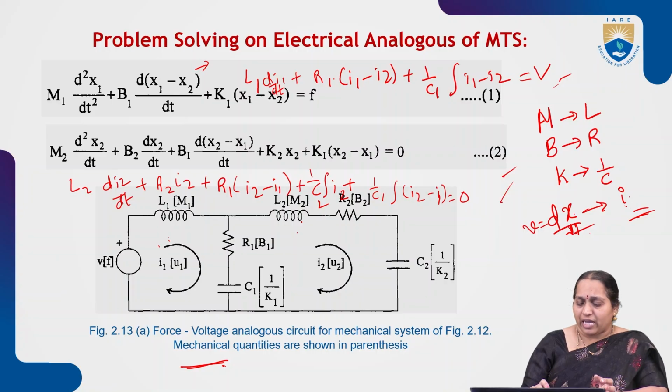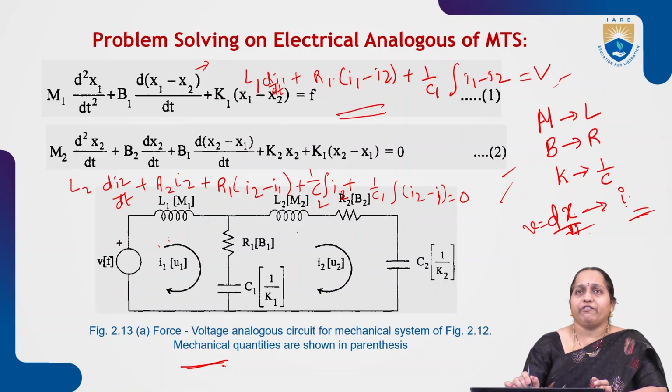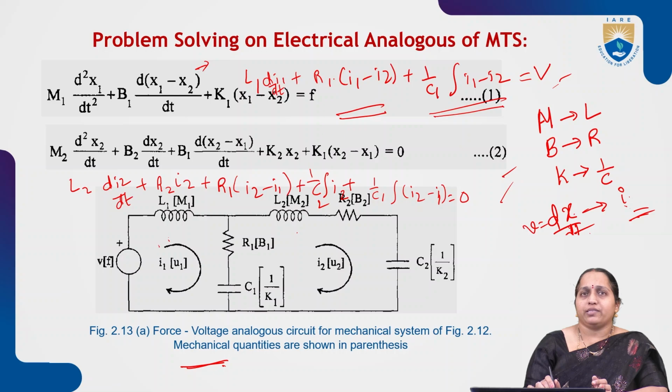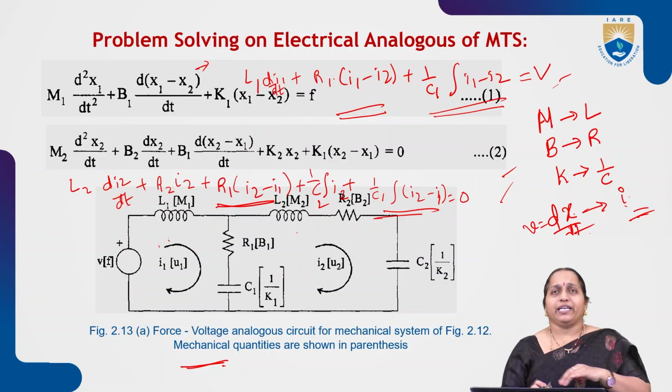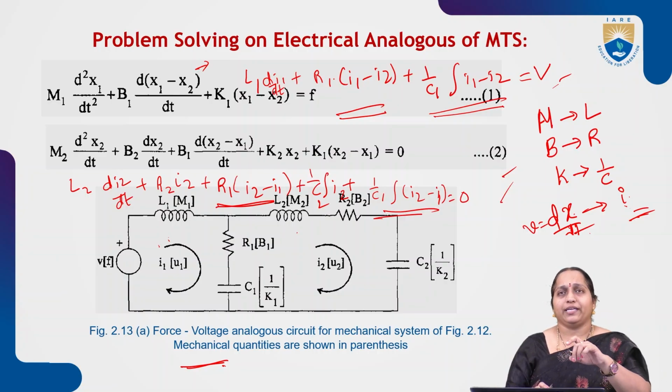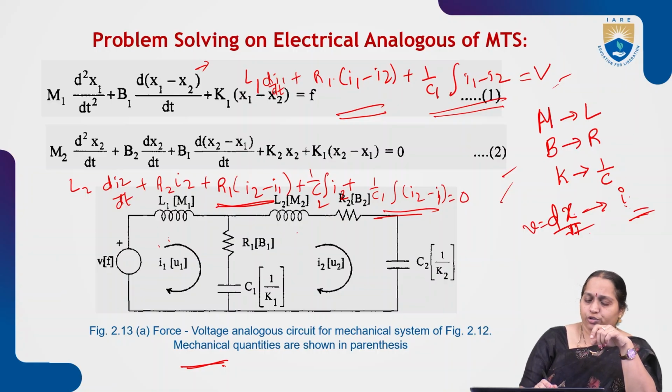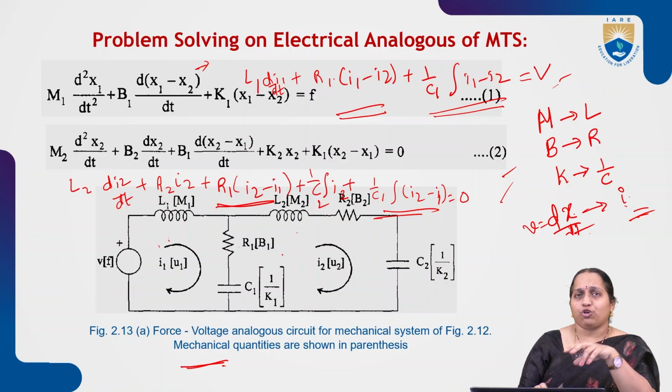You can see here it is R1 and C1: R1, I1 minus I2, C1 integral I1 minus I2; similarly R1 I2 minus I1 and 1 by C1 I2 minus I1. So currents I1 and I2 both flow through the branch of R1 and C1, which is common to both the loops.